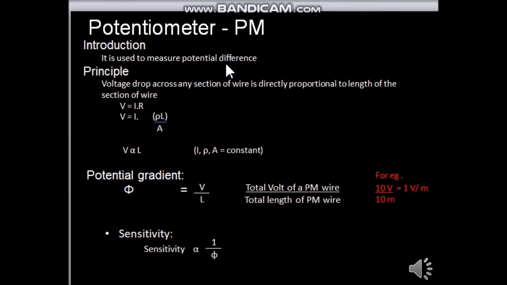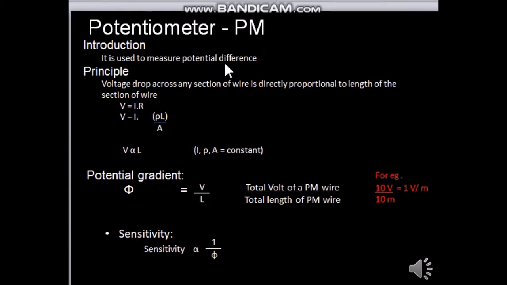Now in the detailed potentiometer circuit, we balance the unknown cell with the help of galvanometer and jockey for the zero deflection condition, and that balancing length helps us to find this potential difference.